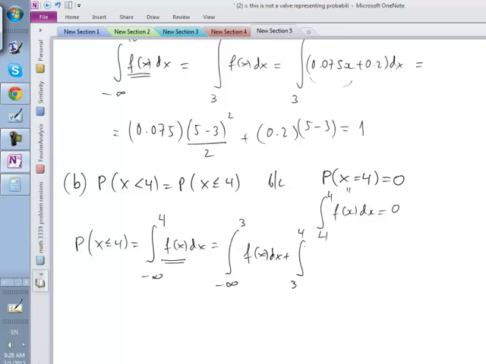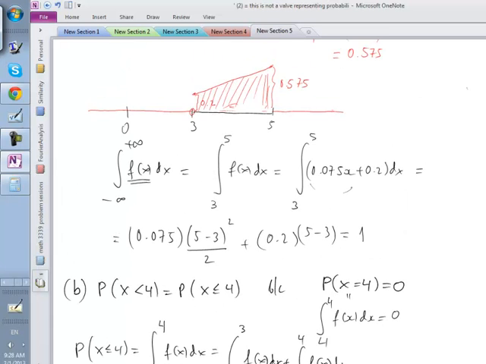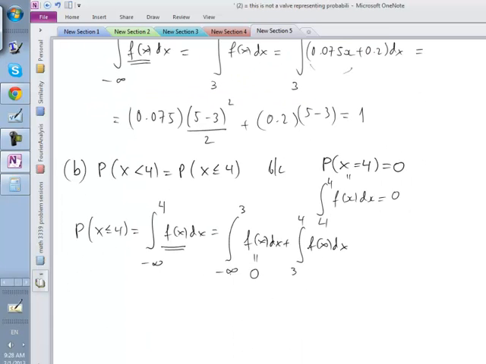And then you go from 3 to 4. The function is 0 between negative infinity and 3, and between 3 and 4, it takes the value we have used before.